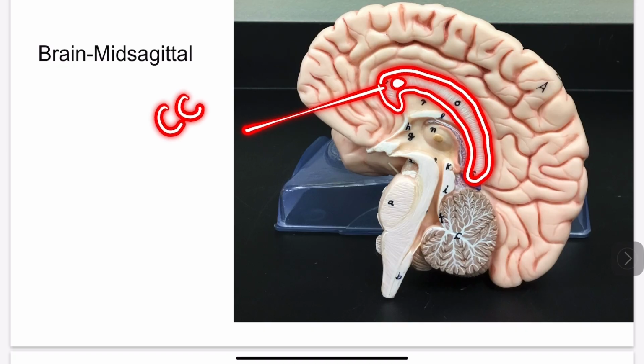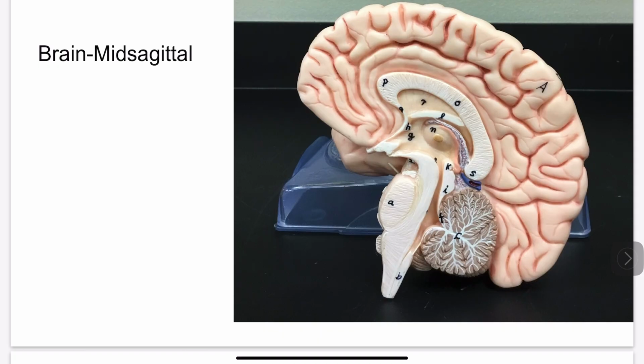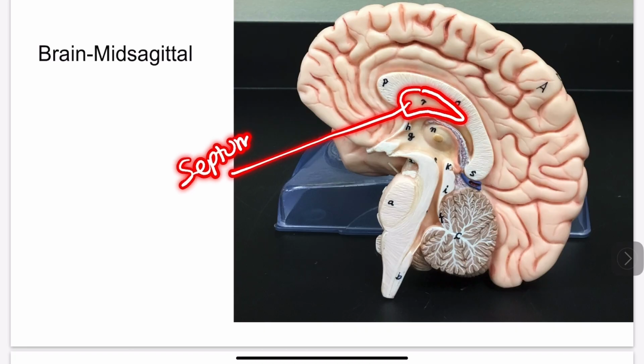So this is your corpus callosum, connecting the left and right parts of your brain. Right here, everything that I'm highlighting, this would be your septum pellucidum.